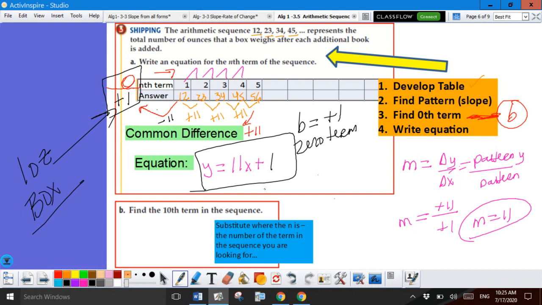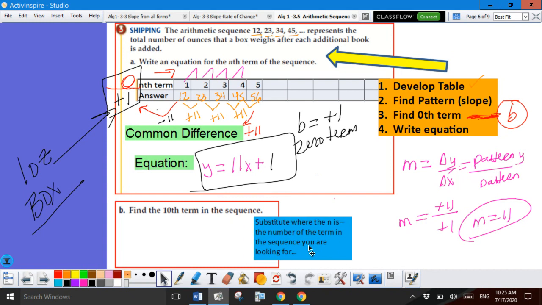So I've got my equation, y equals 11x plus 1. Now, they like to ask things that sound kind of confusing. They say, find the 10th term in the sequence. Well, I can certainly go 6, 7, 8, 9, 10, and fill in that table. I could also go to my graphing calculator and put in y equals 11x plus 1 and go to my table and figure out that number.